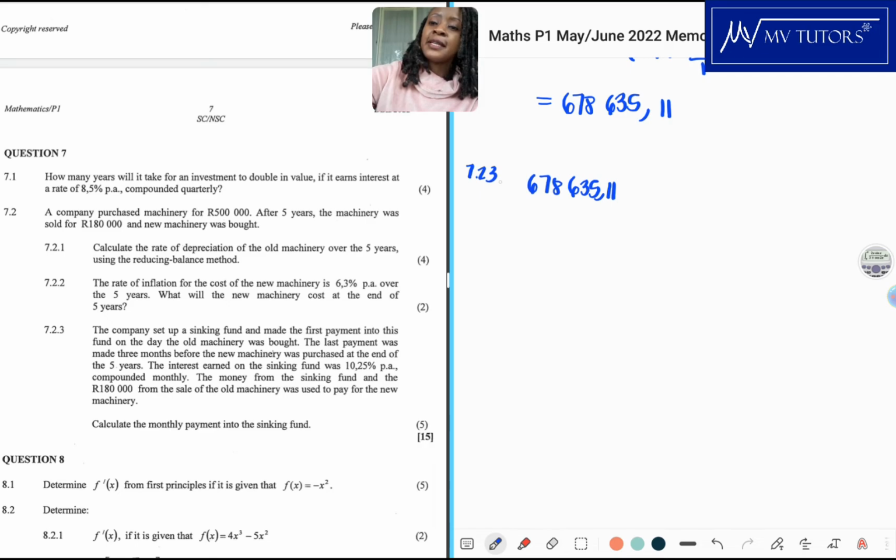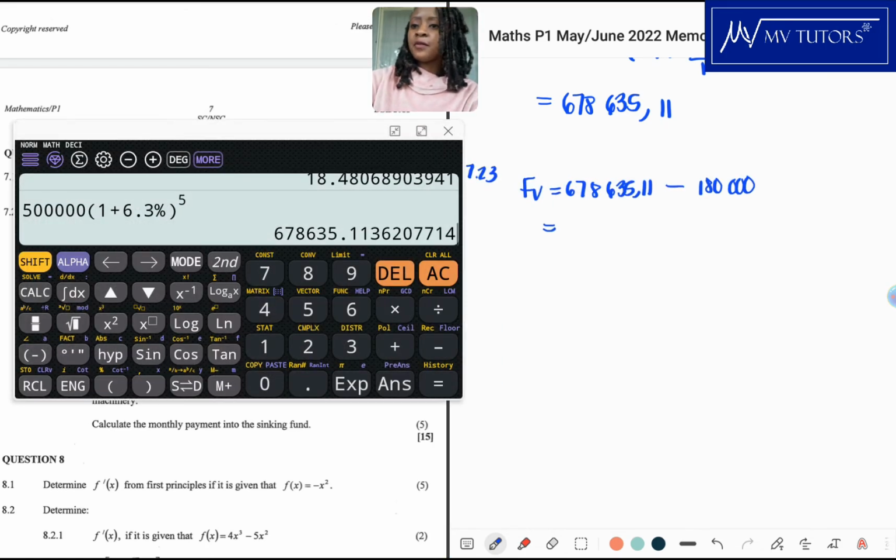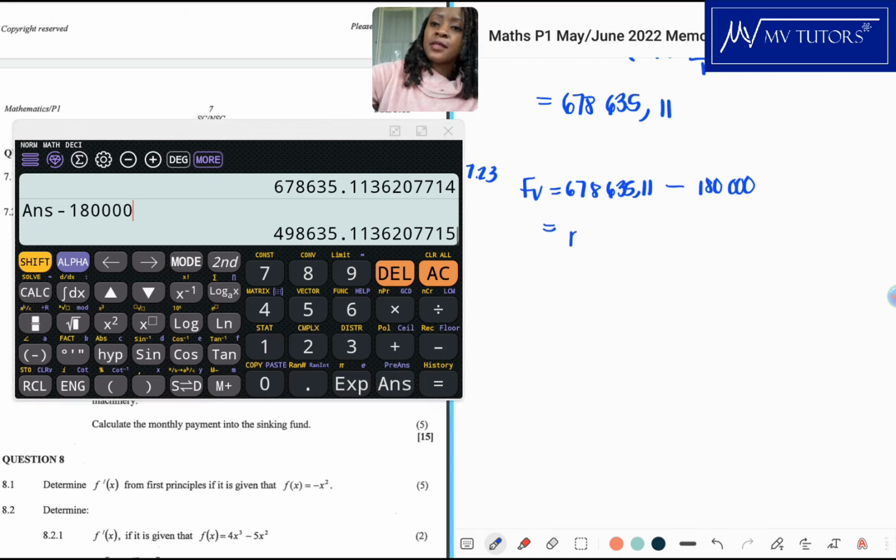If I'm saving for the future, I'm going to use the future value equations. I'm calculating the future value amount. So it's 678,635,11. And I know that we're going to sell this machine for 180. So what amount do I need to save for? I need to save for 498,000.